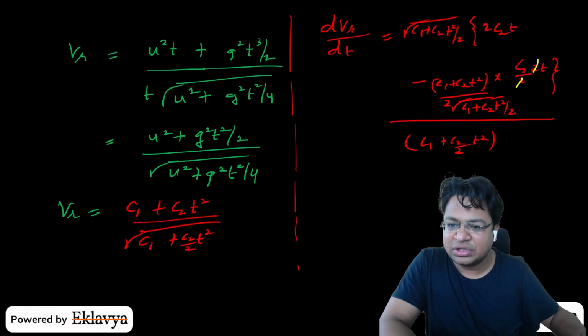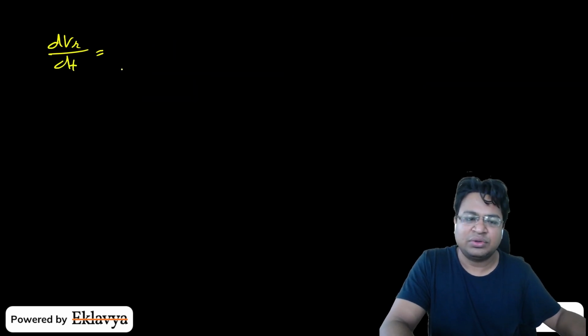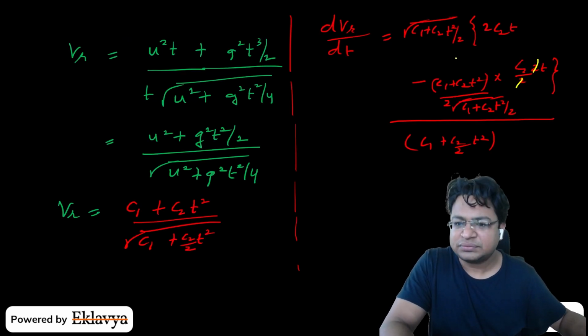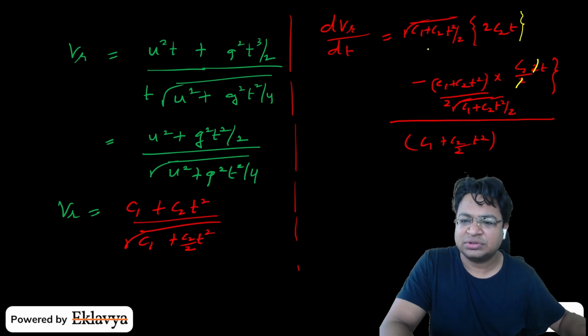I can cancel this 2, and I will take this here. So let me write it here. So dVR by dt will be equal to root of... I think the denominator, okay, this should be like this, and now this comes here.